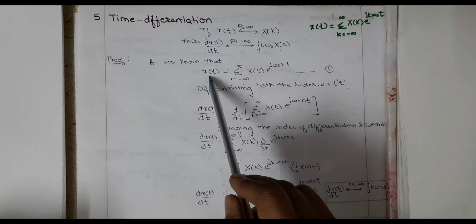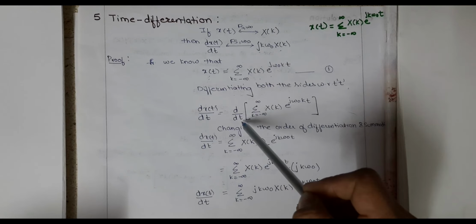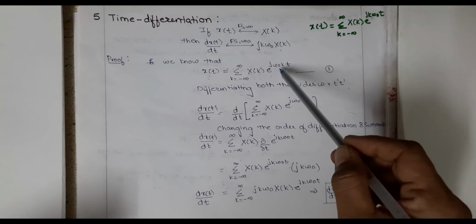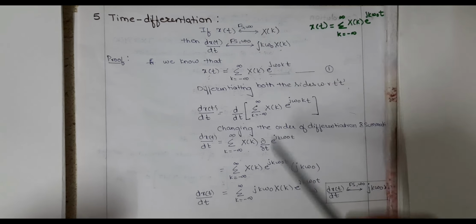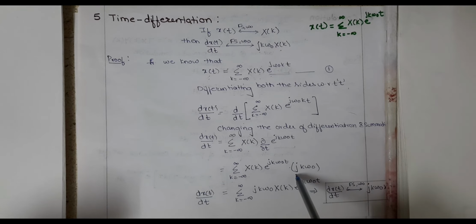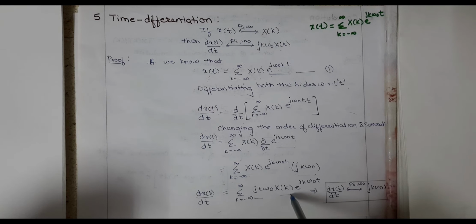So differentiating dx by dt, and here sigma x of k, same representation, and partial differentiation of this one here. So differentiating with respect to t, j k omega naught is a constant, we'll write here. Now this j k omega naught we will write here, x of k e raised to j k omega naught t.